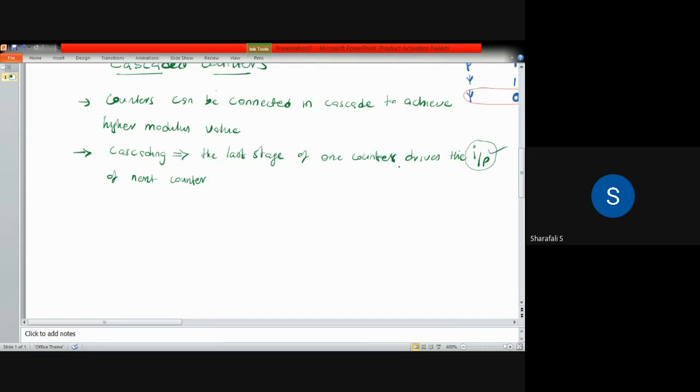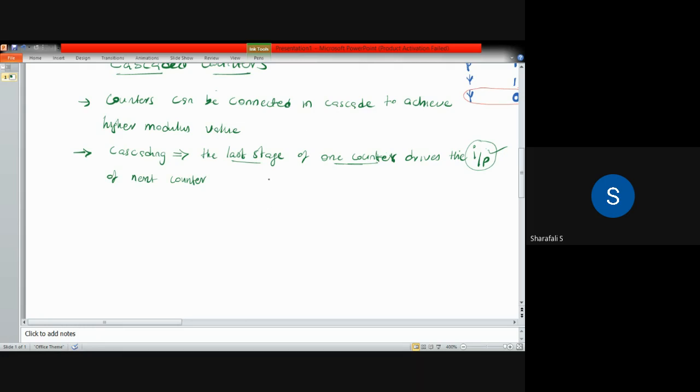In this particular case it drives the input of the next counter, which means the last stage or the output of one counter is connected to the next counter, and that controls the second counter. That is the meaning of this sentence.